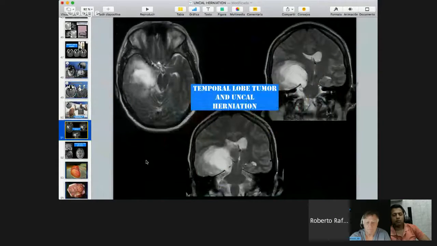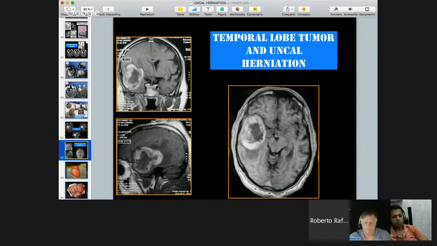A temporal lobe tumor can produce uncal herniation too. Here you can see a very important uncal herniation secondary to a brain tumor, a temporal lobe tumor. In these cases, here you can see the tumor, a big tumor in the temporal lobe.